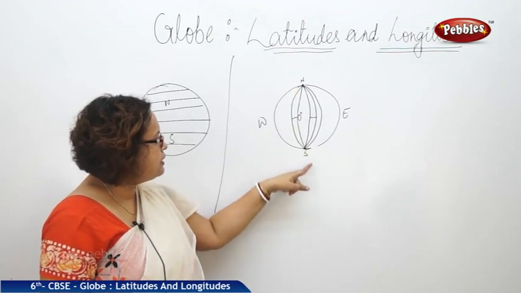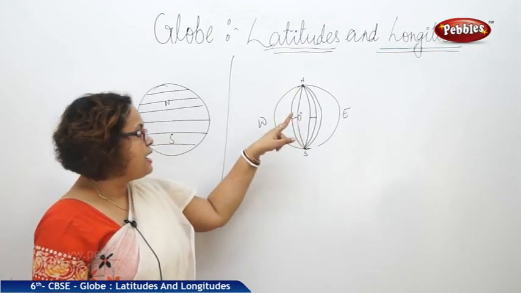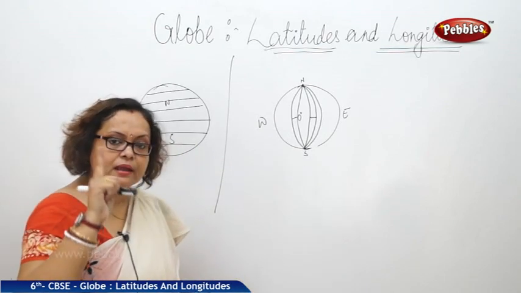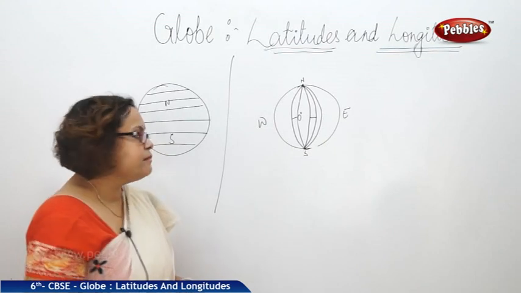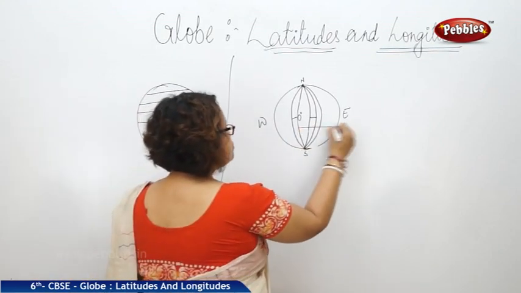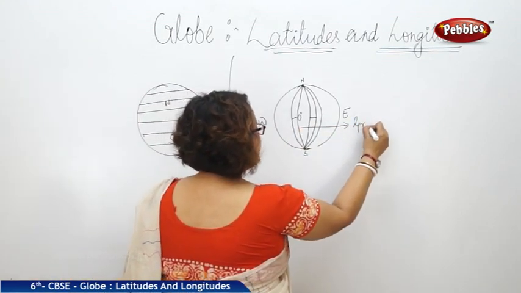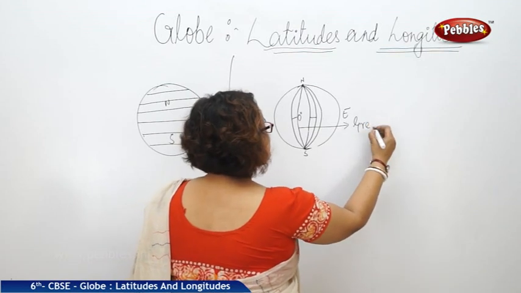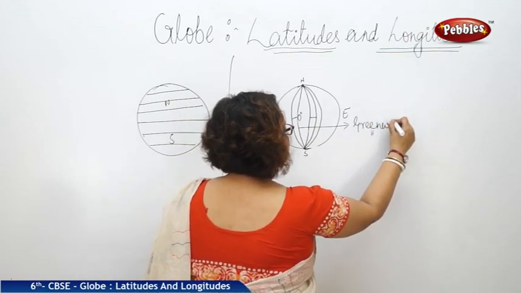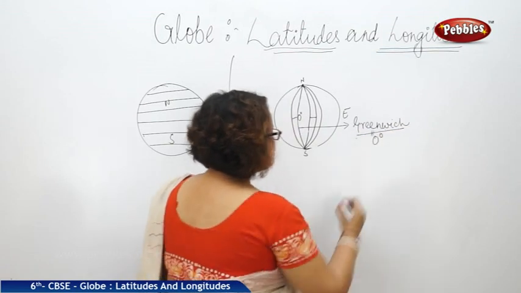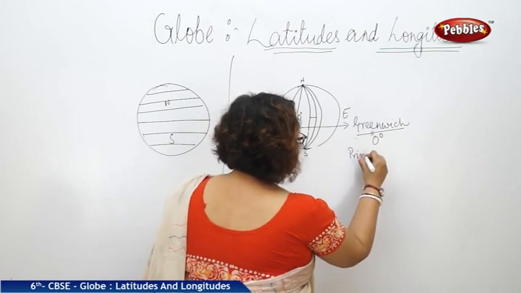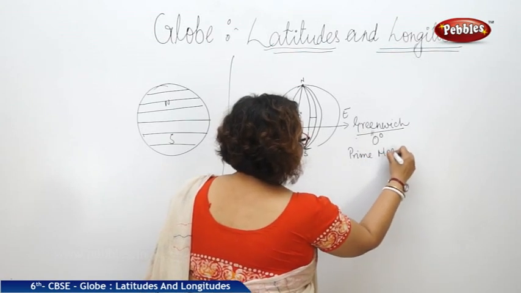We measure them also in degrees, and one meridian only we call the prime meridian, that is running through Greenwich. So we call it the Greenwich meridian also. And we measure it as 0 degree. It is called the prime meridian.